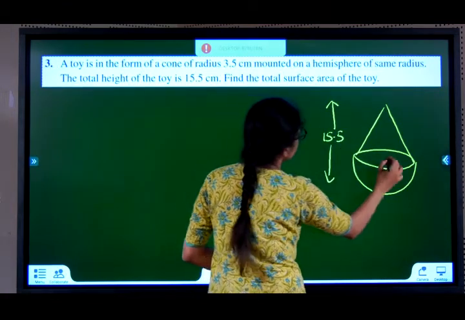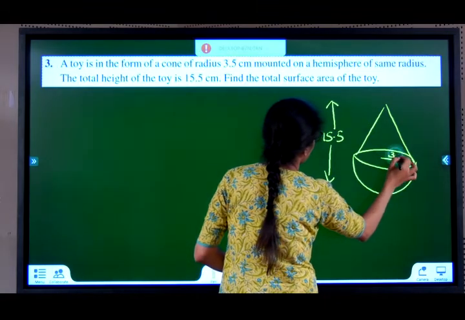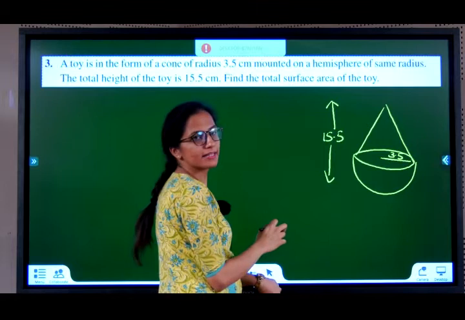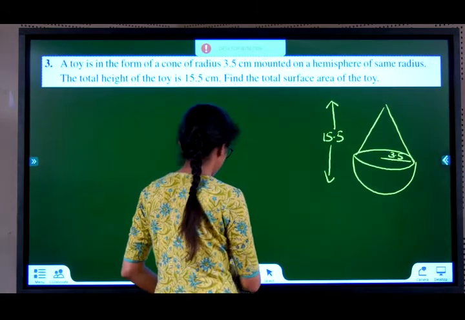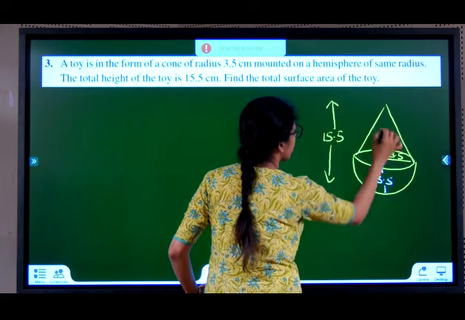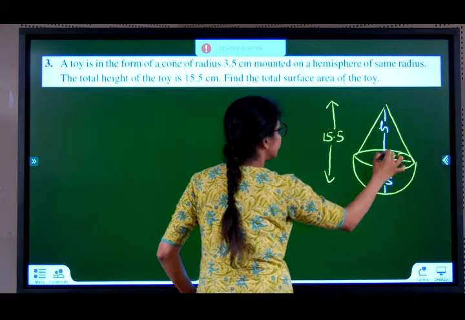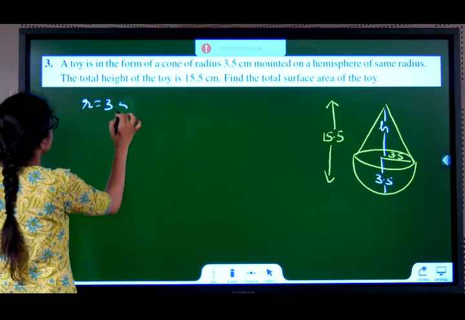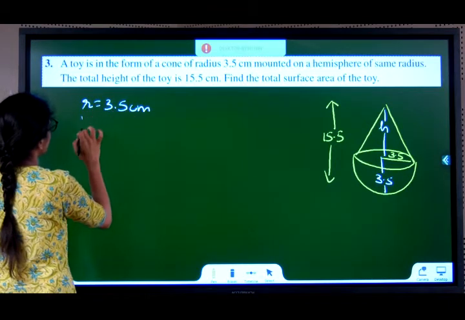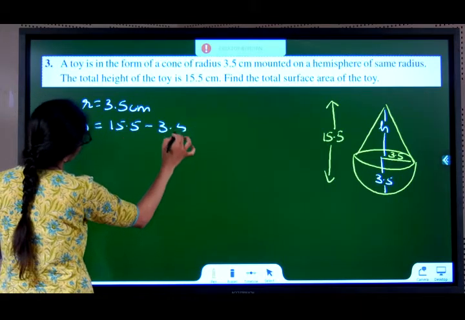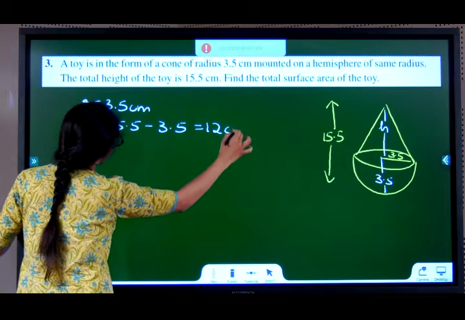They've given radius is 3.5. Find the total surface area of the toy. If this is 3.5, this is also 3.5. So what will be the height of the cone? r is 3.5 centimeters. h will be 15.5 minus 3.5, which is 12 centimeters.